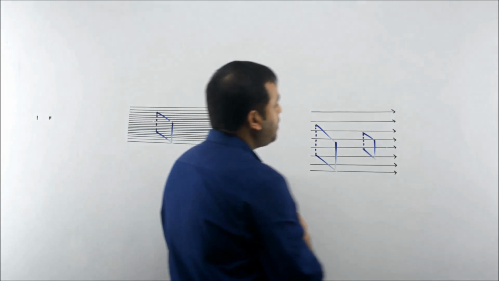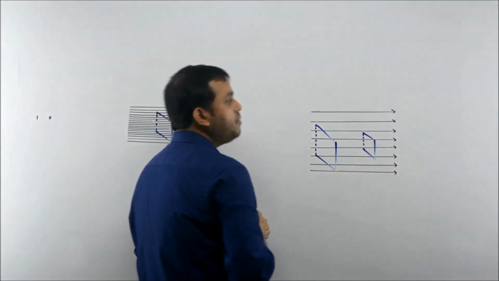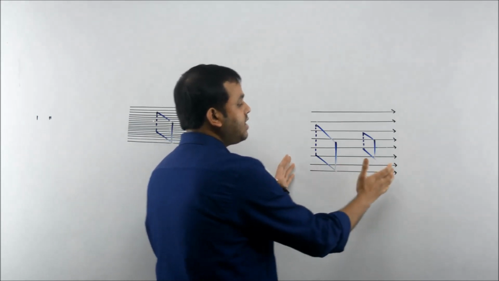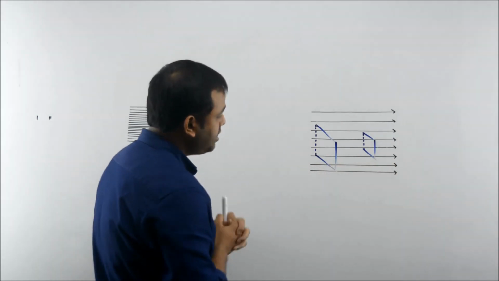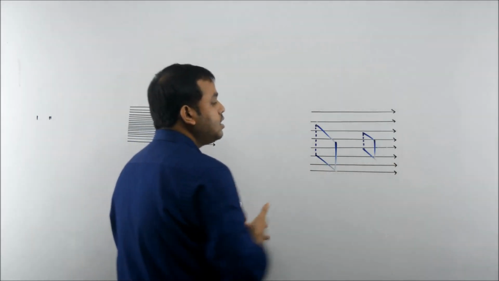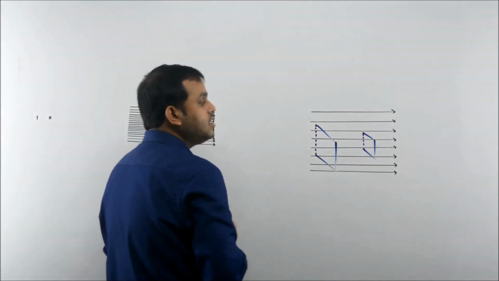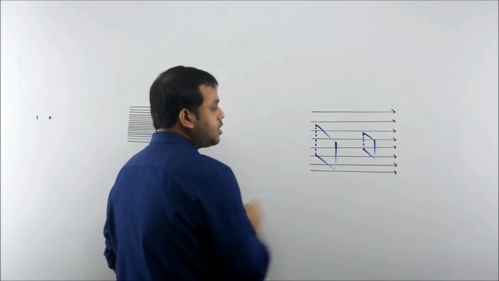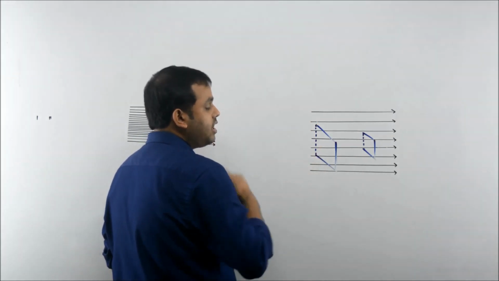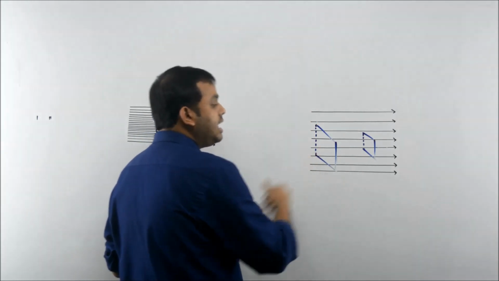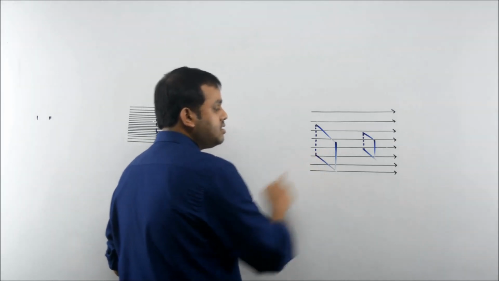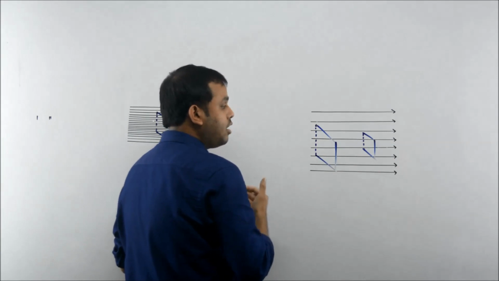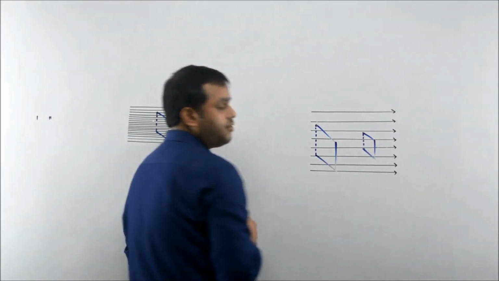So students, I have taken a region of uniform electric field. You can see the parallel lines. So this is a region of uniform electric field, and I have placed two planar areas. Clearly you can see that electric flux through this surface is greater than the electric flux through this surface.